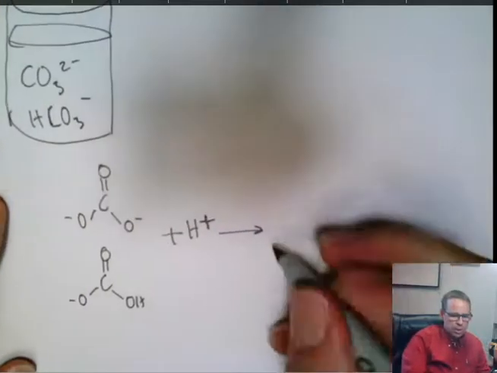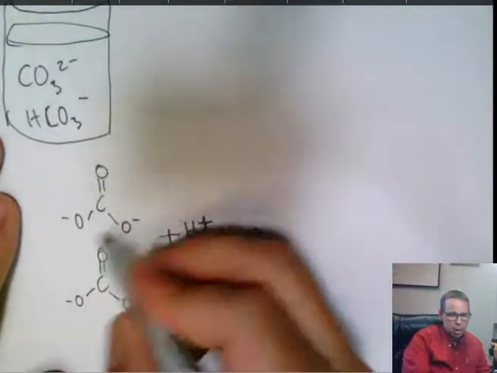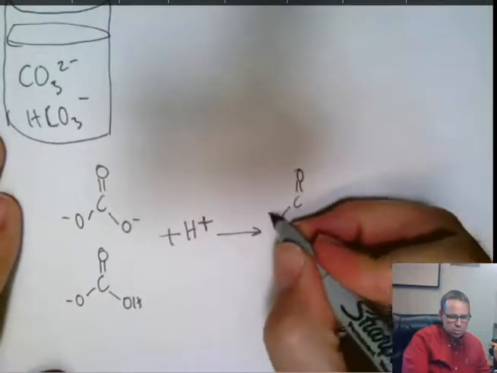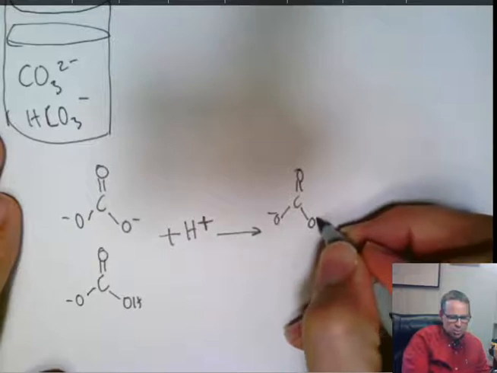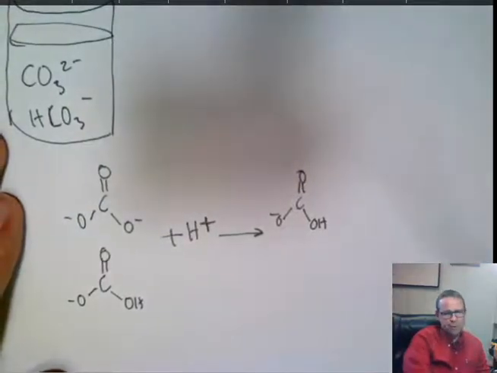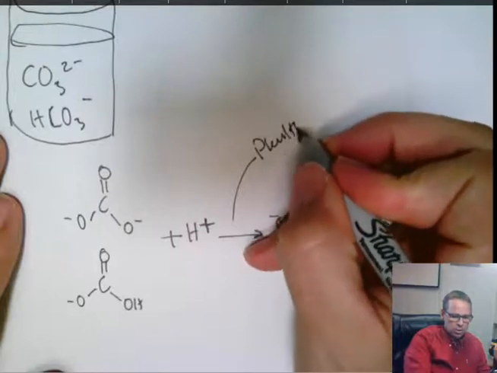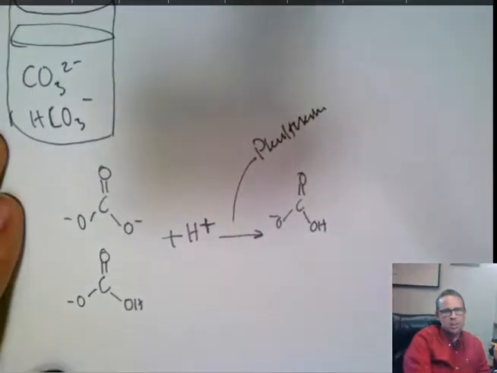So that's the first thing that happens. All of the carbonate that's in solution is converted to bicarbonate. And again, the indicator here that we can use to show that this process is done is the phenolphthalein.